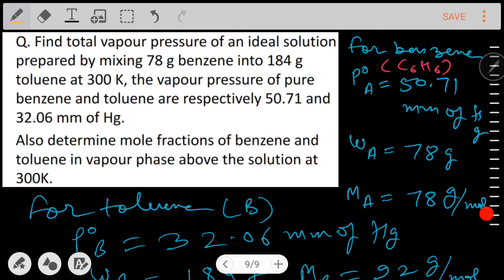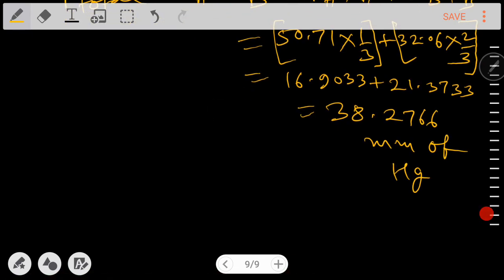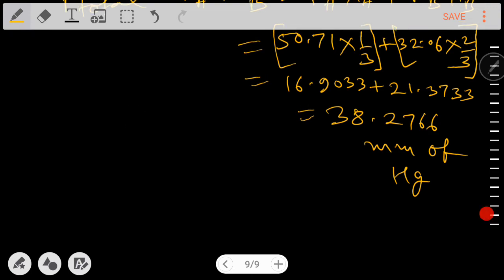So how to calculate the mole fraction in the vapor phase? To get the values of mole fraction in the vapor phase, we have to take help of Dalton's partial pressure law, which you have studied in class 11th in the chapter States of Matter, chapter number 5.